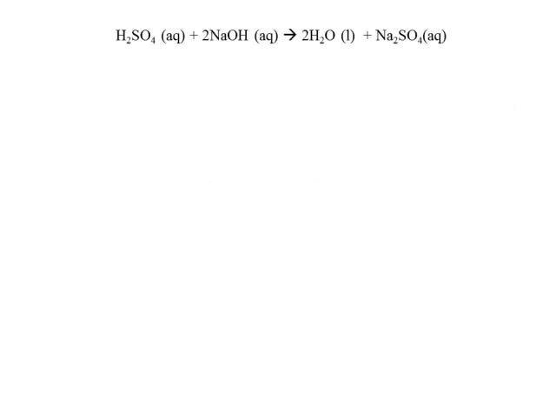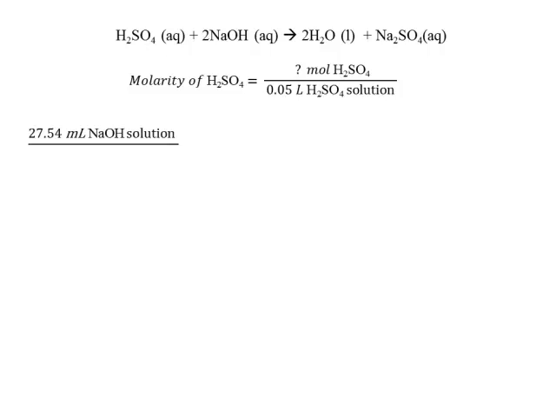So there's my balanced equation again. I need to get the moles of H2SO4. What I have information about is the NaOH. Keep in mind, anytime I'm trying to convert between two different compounds, I need to use that mole-to-mole ratio given from the balanced equation. So I've got the 27.54 milliliters of NaOH solution. I need to get that to liters.